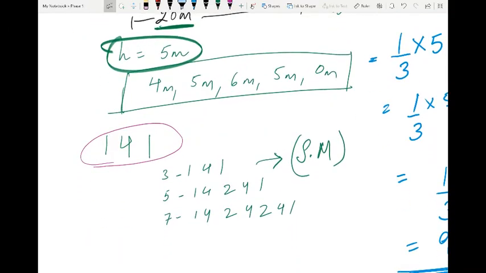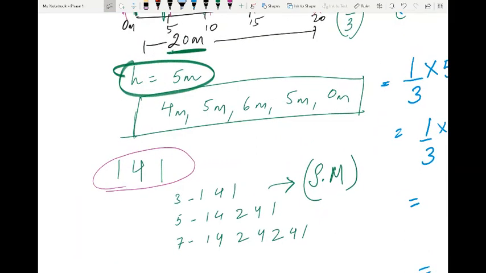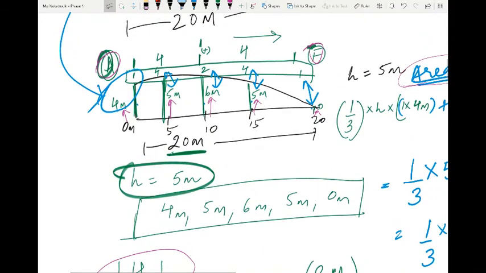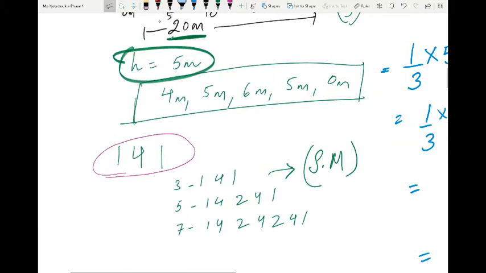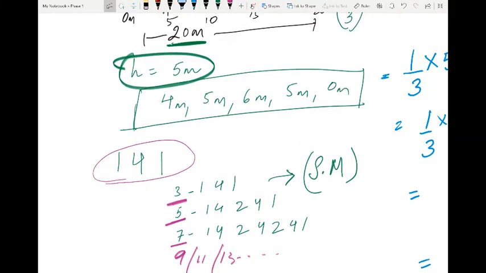How do we know which rule to use if a shape has 5 ordinates or 9 ordinates? In Simpson's first rule, we can find the area for 3 ordinates, or 5, 7, 9, 11, 13 and so on, odd numbers starting from 3. And your Simpson's multiplier is 1, 4, 1.